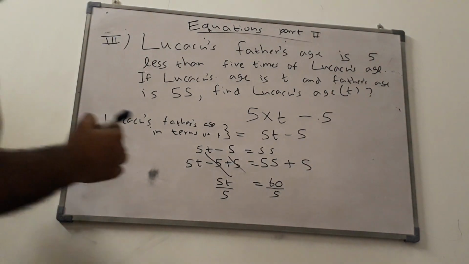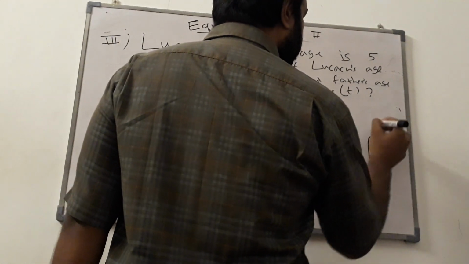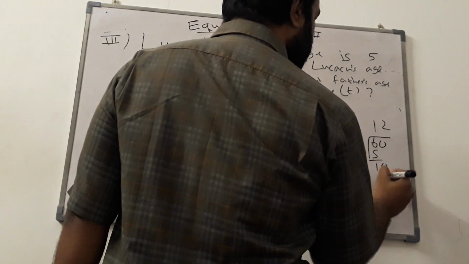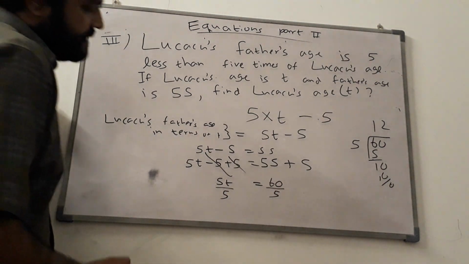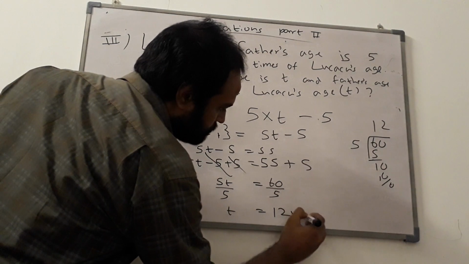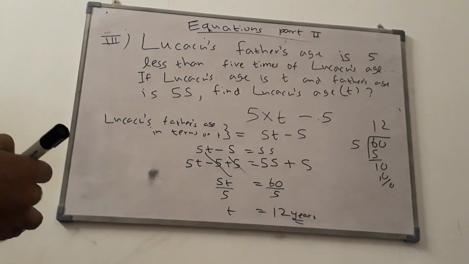Now we will find how many 5s are there in 60. There are 12 5s in 60. So T is equal to 12 years. So Lukaku's age is 12 years.